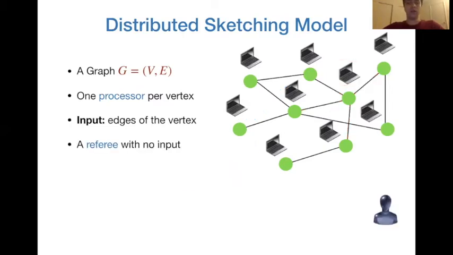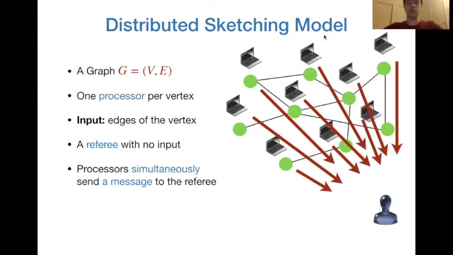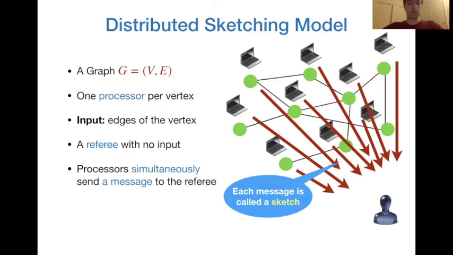Now, in addition to these processors, we also have a referee, sometimes called a central coordinator. And the way it works is that all the processors are going to look at their input and simultaneously with each other send a message to this referee. And we're going to call each of these messages a sketch because it's basically a summary of the neighborhood of each vertex.